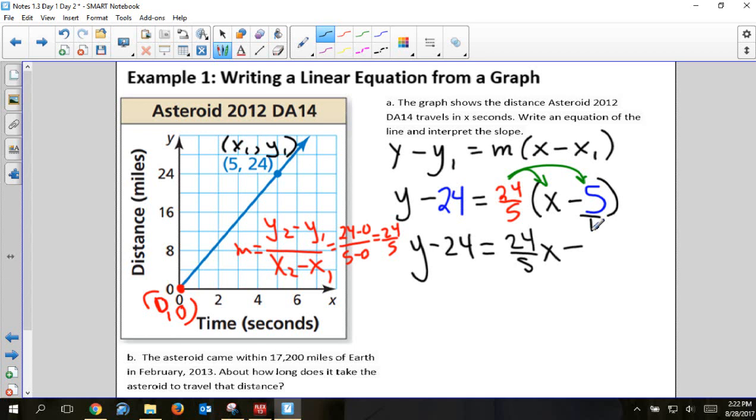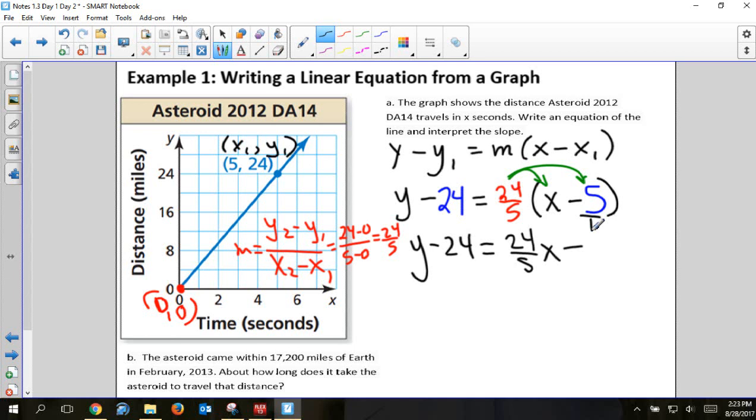How do I multiply 24/5 times 5 over 1? You go straight across. So we're going to have 24 times 5 divided by 5. What is it? I don't know what 24 times 5 is, but 24 times 5 divided by 5 is just 24.